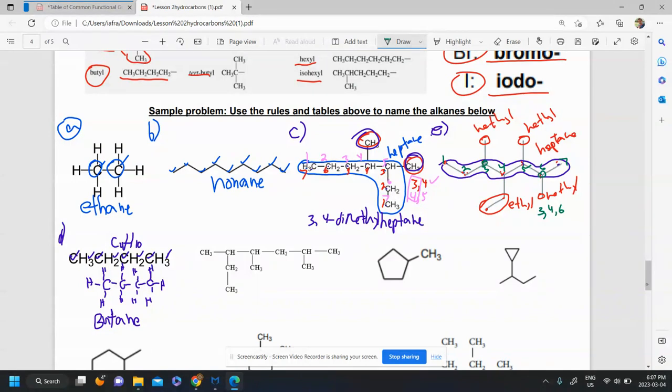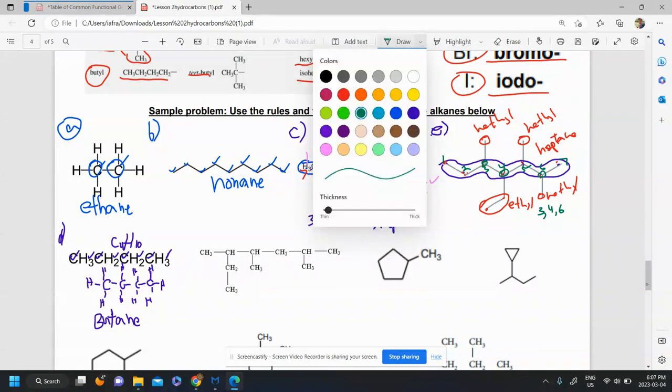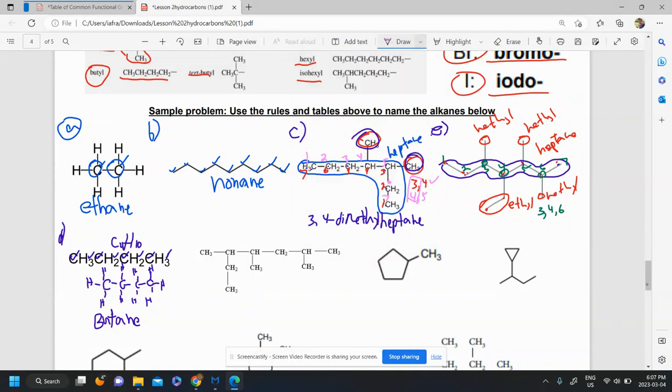3, 4, and 6. We could have numbered the other direction instead, where we had 1, 2, 3, 4, 5, 6, 7. If we do that, we get 2, 3. Oh, I think I missed one. We have 4 substituents. Let me go back and redo that.